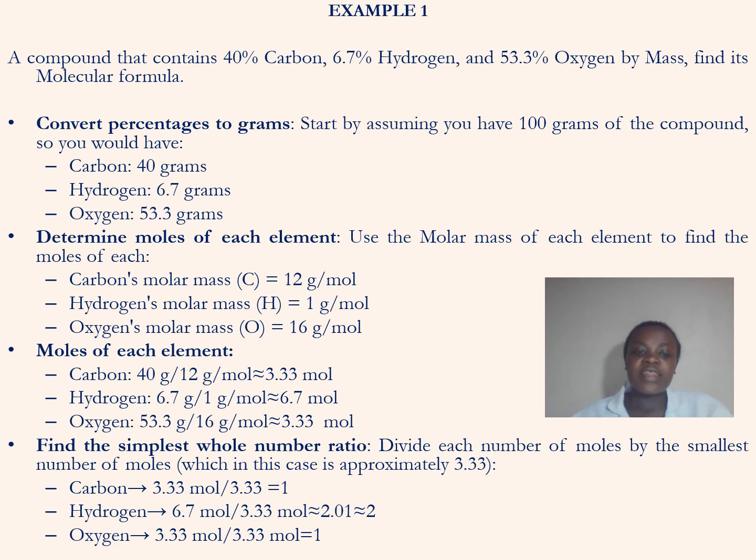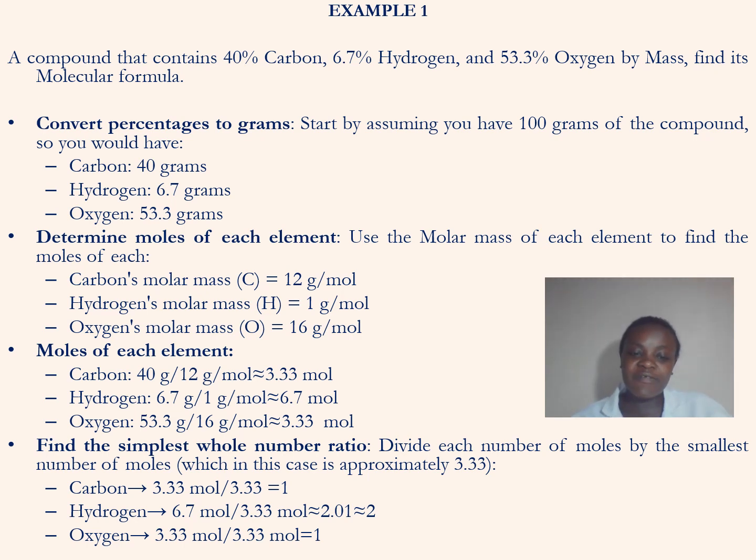The next step is to find the simplest whole number ratio. How do we find this? We divide each mole value by the smallest number of moles. The smallest number of moles is 3.33 moles, for carbon and oxygen. So we divide all the moles by 3.33.